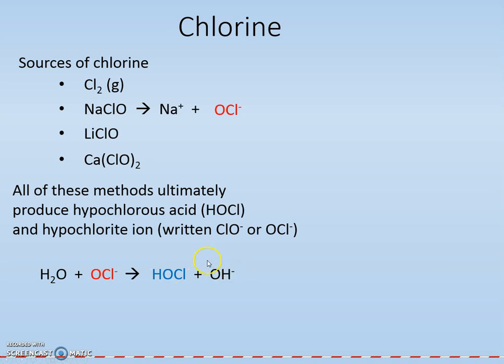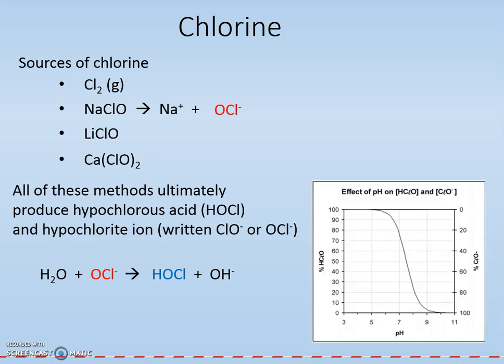So notice that using bleach or using sodium hypochlorite as your method of chlorination actually causes your pH to increase because it adds base. So using sodium hypochlorite has introduced hypochlorite and hypochlorous acid. And once again, these are the two species responsible for oxidizing the organic matter in pools. So those are the two things we're interested in having in our pool.